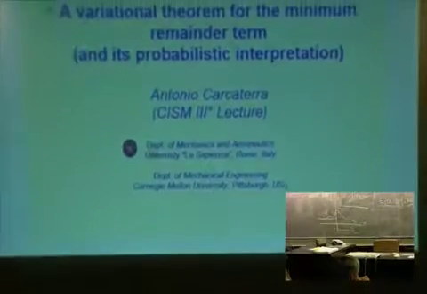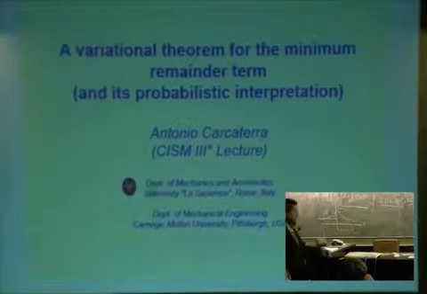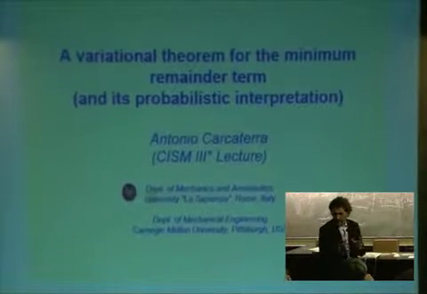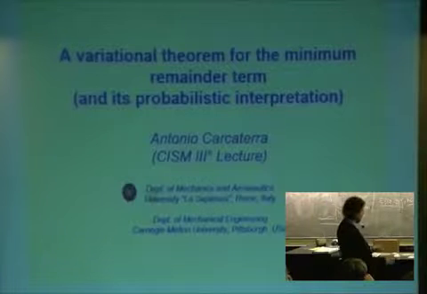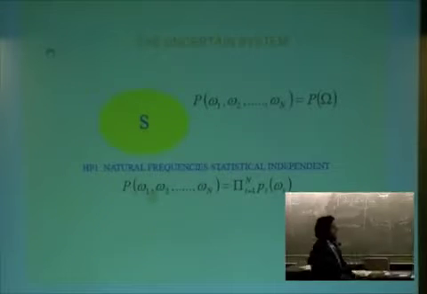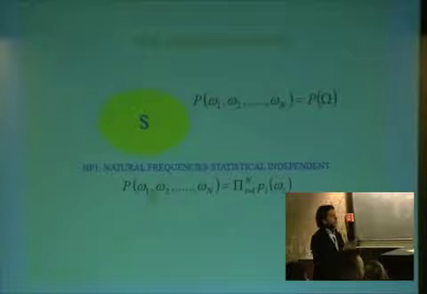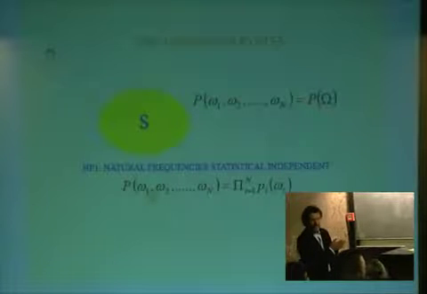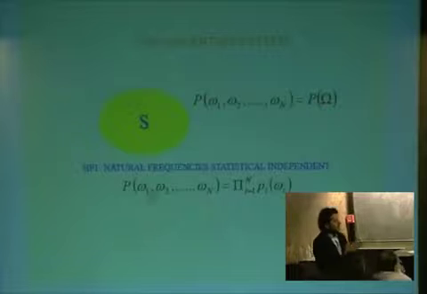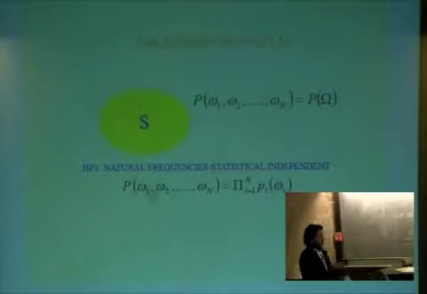Okay, so this is the variational theorem for the minimum remainder term and its probabilistic interpretation. Actually, I compacted the two, so it is just directly the interpretation. Okay, suppose that our uncertain system has natural frequencies that are omega 1, omega 2, omega n, that are random variables. So we have a joint probability distribution that is P1 to n.